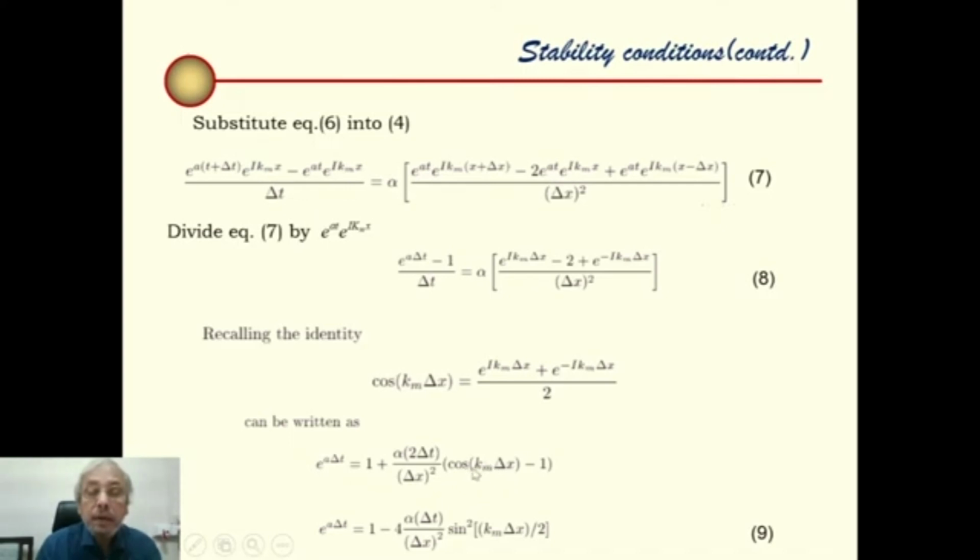Then cos theta minus 1 is substituted by minus 2 sine squared theta by 2, and we get equation 9. And finally, we find the condition for which the modulus of e to the power at is less than or equal to 1.